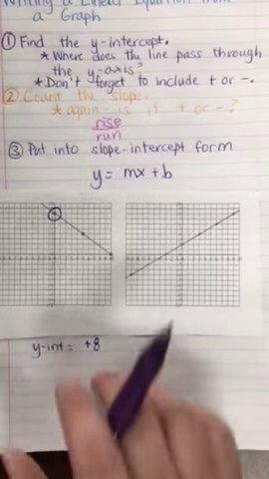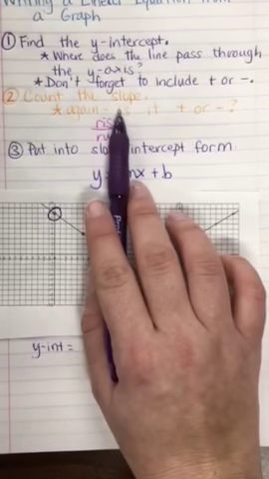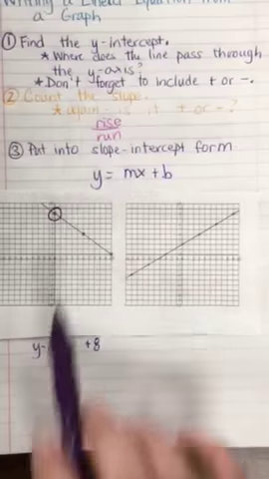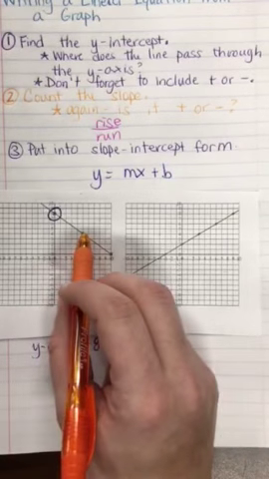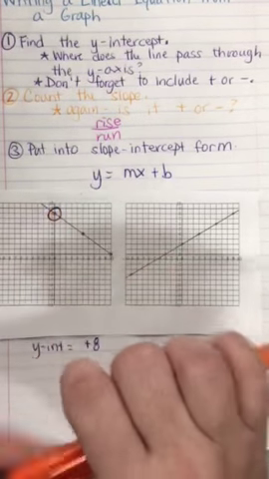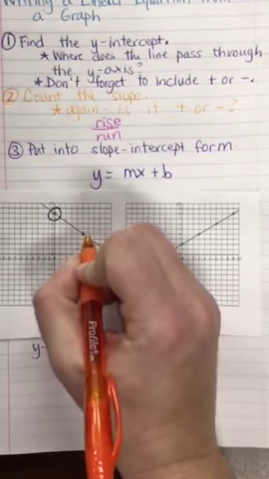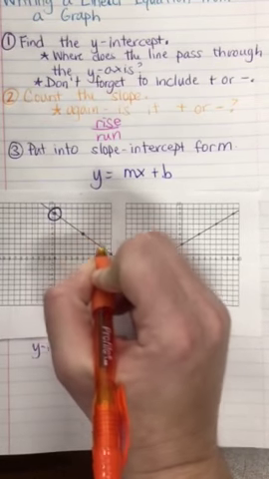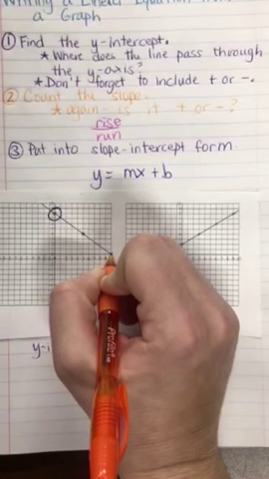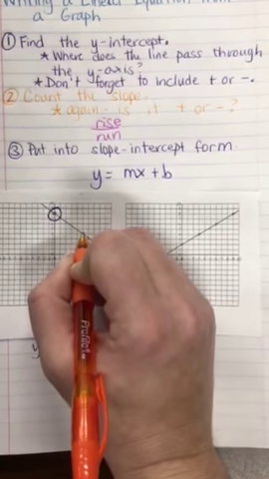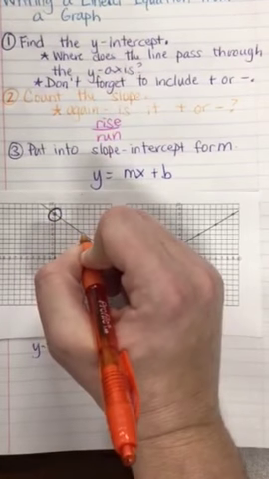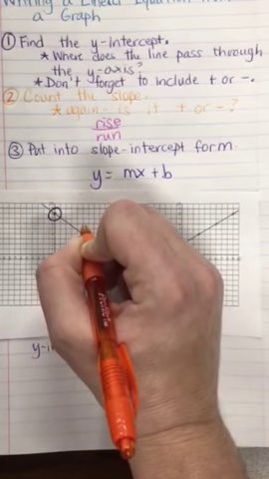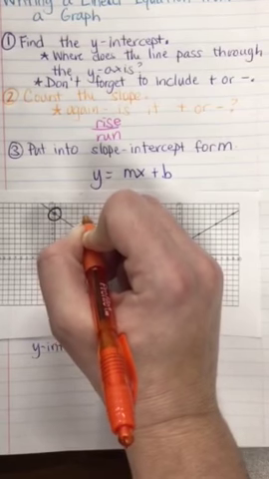Okay, the next thing I'm going to do is count the slope of my line. Remember, anytime we're counting slope, we start at the bottom point, and we're going to do our rise over our run. So I could use this point or this point to count my slope. It doesn't matter. I'm going to go ahead and use this point since I already have this point as part of my equation. And I'm going to go up 1, 2, 3, 4.